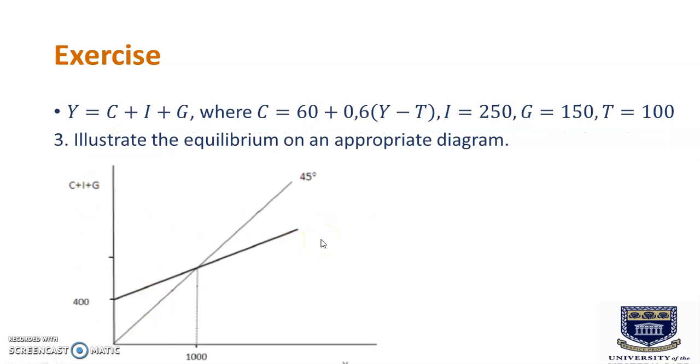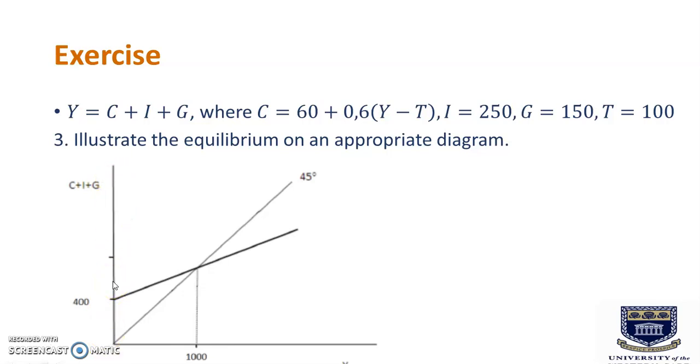The third question asks that you illustrate. Whenever you see illustrate, or illustrate and explain, they want you to provide a diagram. Here you have to illustrate the equilibrium on an appropriate diagram. First things first, you need to always label your axes. On your vertical axis, you will have aggregate spending.